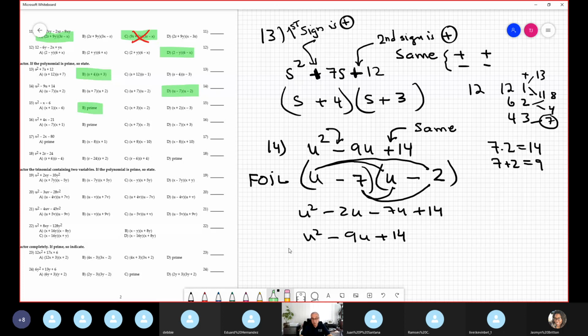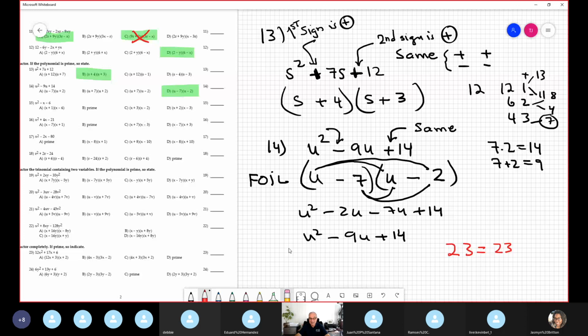Why? Because don't expect every trinomial to be factorable. It's similar to numbers, for example. We have a prime number, for example 23. Do the factorization of 23? No. 23 is a prime number, so the factorization is just 23. That's it, we cannot.